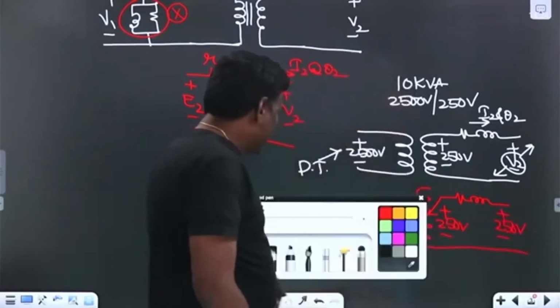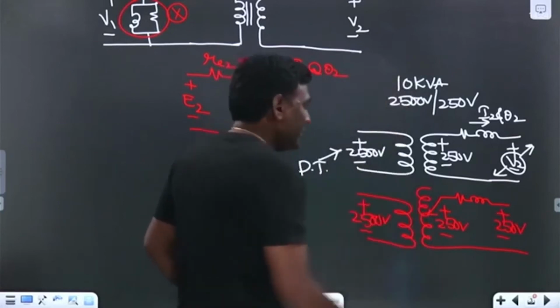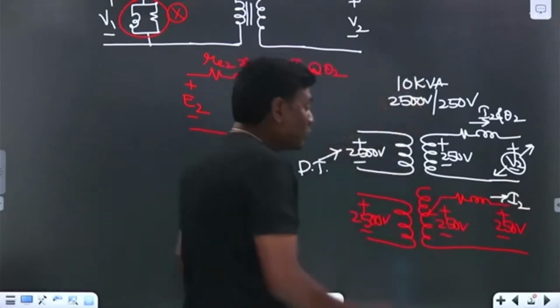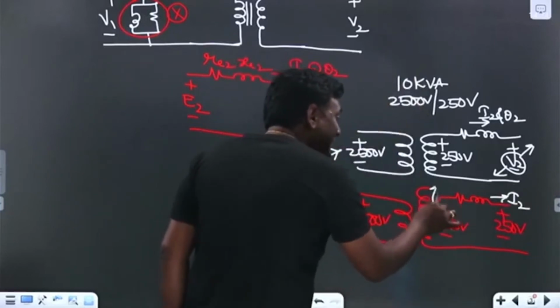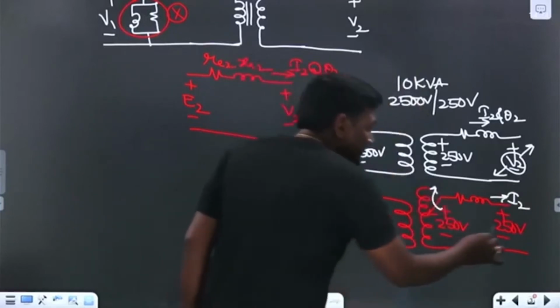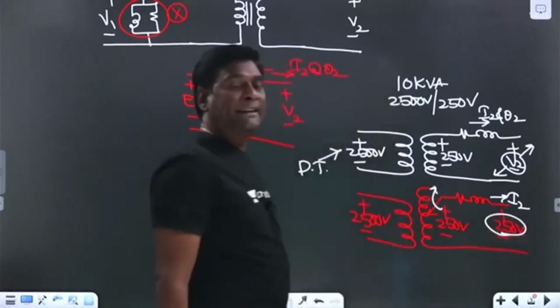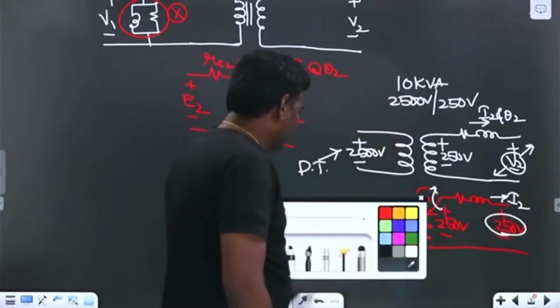Now if it is loaded, then you are going to vary the taps, such that here voltage will be maintained constant, then it is going to be power transformer.